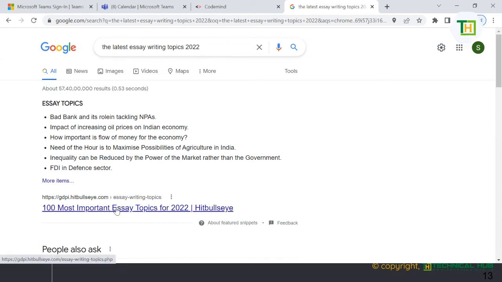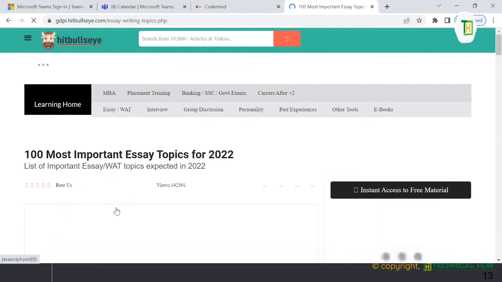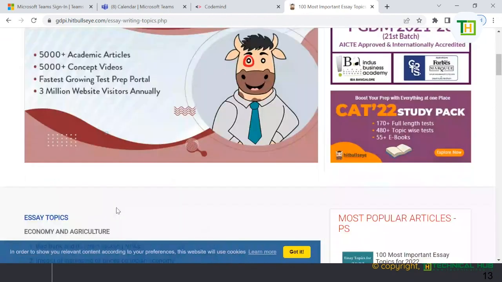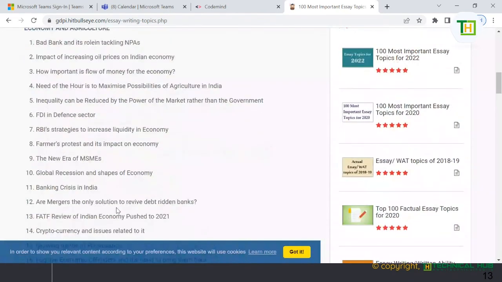Look at here, you got more than 100 topics they have given, but it is hard for you to remember all 100 topics. Bad bank and its role in tackling NPAs, impact of increasing oil prices on the Indian economy. So I told you, right, oil prices.